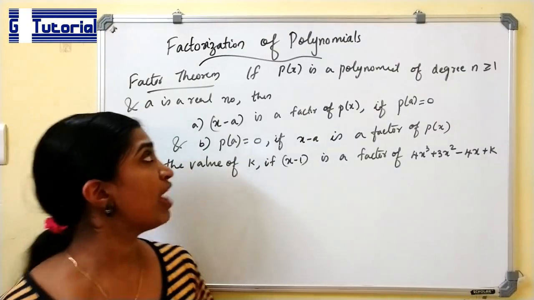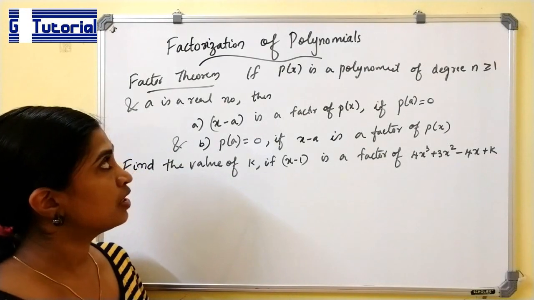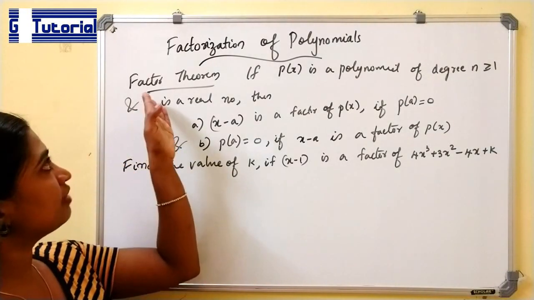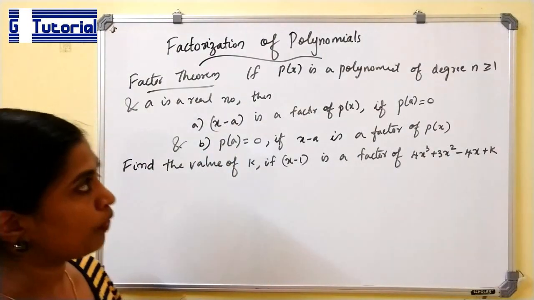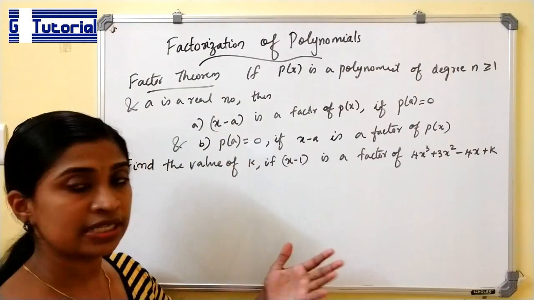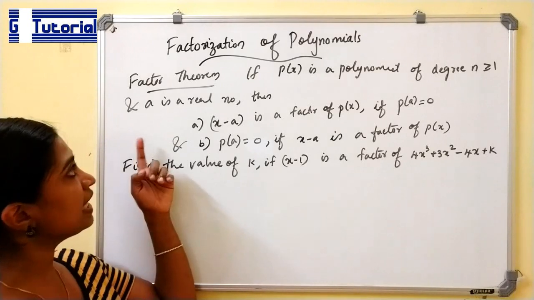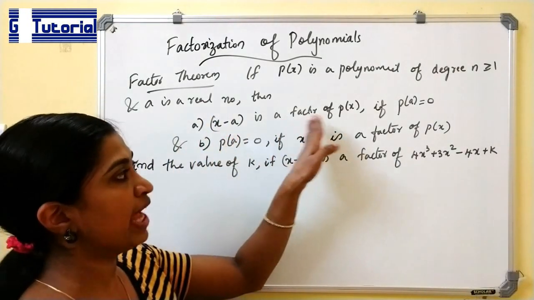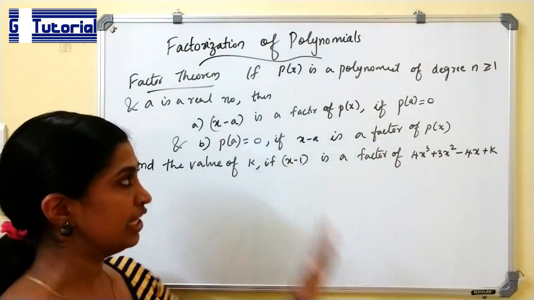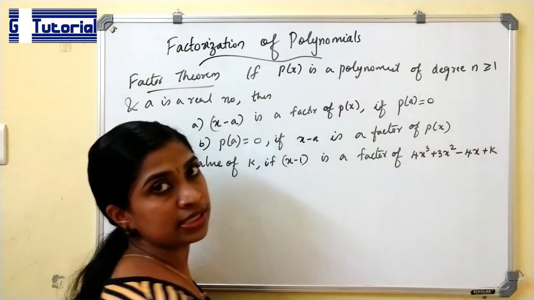Now let us learn about factorization of polynomials. In that, let us first learn what is meant by factor theorem. If p of x is a polynomial of degree n, which is greater than 1, and a is a real number, then x minus a is a factor of polynomial p of x if p of a is 0.